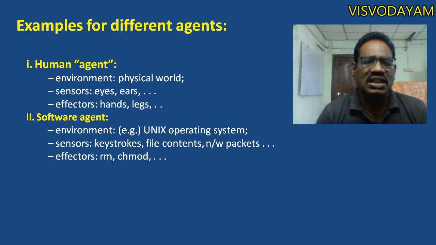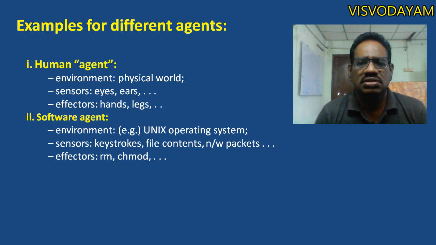It can sense data; it takes the input, that is, it gets sensor data through keyboard keystrokes. If it is connected to a network, information will be gathered. So it comes under sensors. And whatever commands we give to the system, it can do certain effects on the environment.